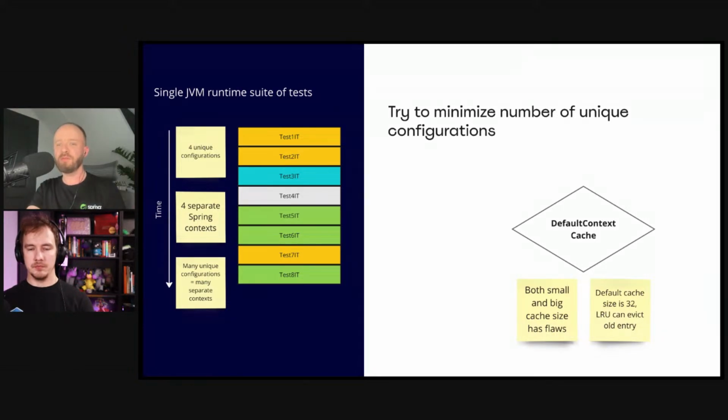If the cache becomes too big, it can lead to redundant memory consumption, because if we are talking about test containers, such contexts will have beans that wrap, for example, Postgres database containers, and such contexts can be extremely heavyweight. So we will just finish with out of memory.